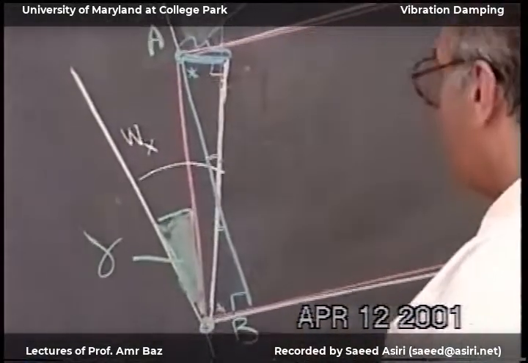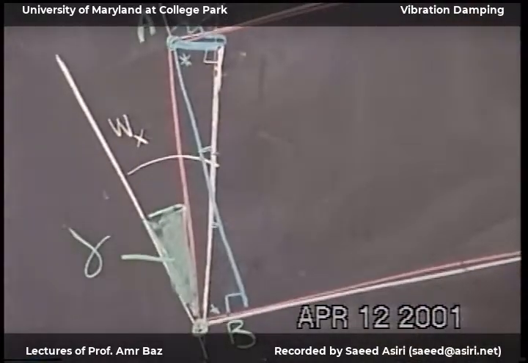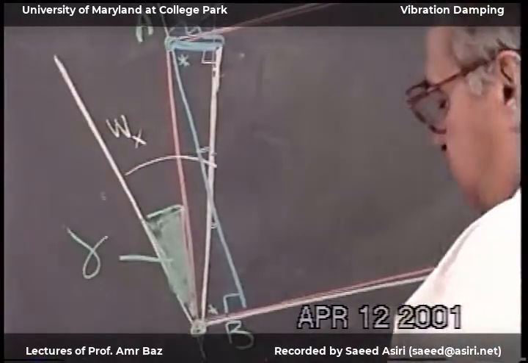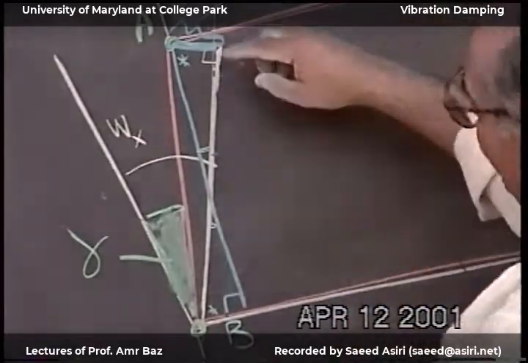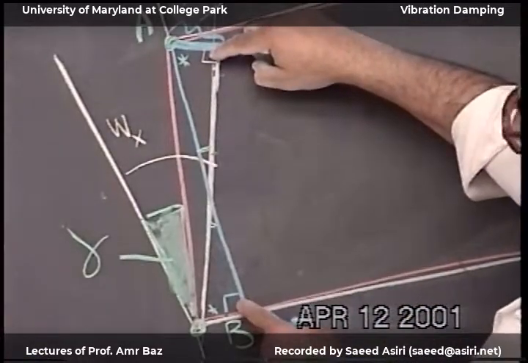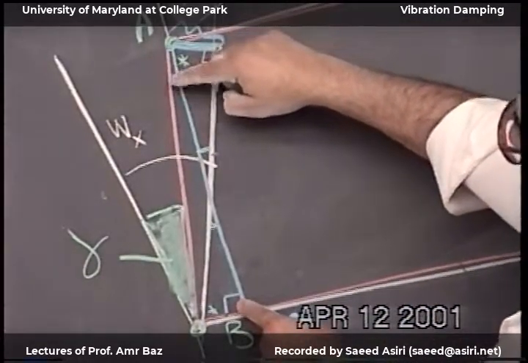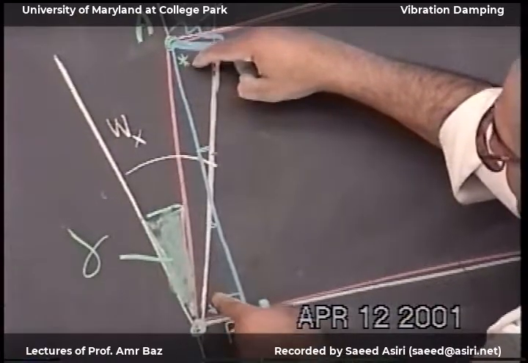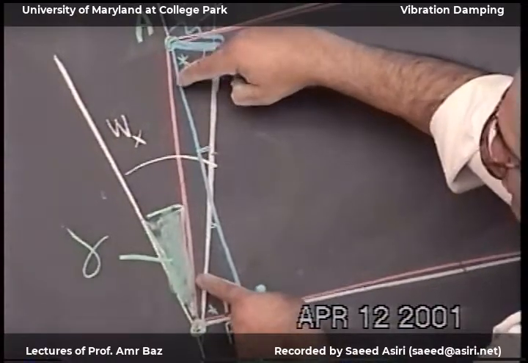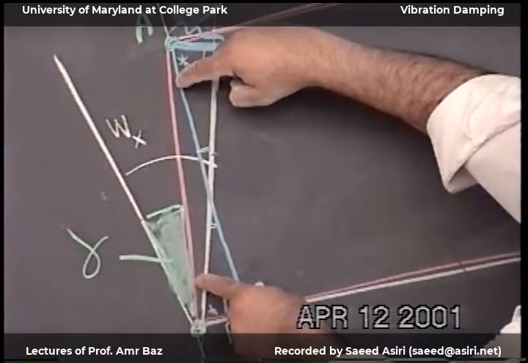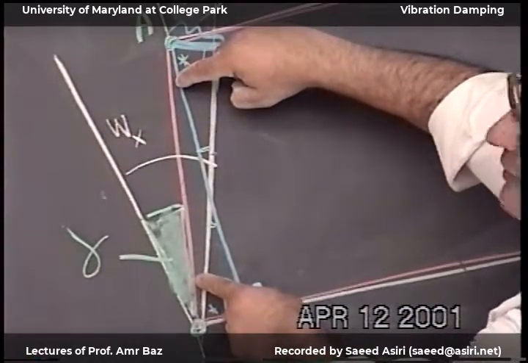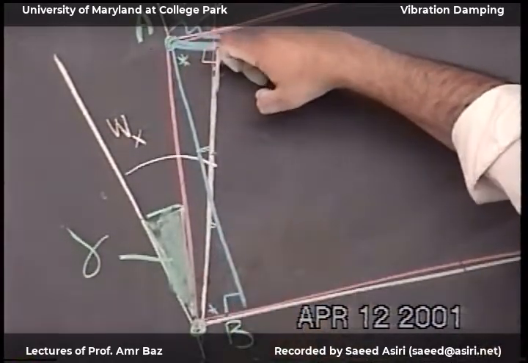Now, this is 90 and 90. And this angle and this angle are equal, so the little ones should also be equal. So the two triangles are exactly similar.